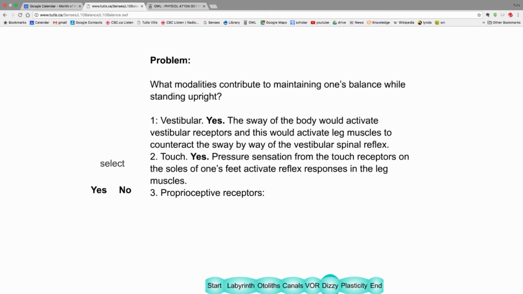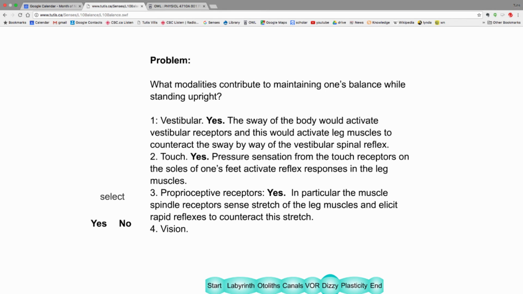Does proprioception help you maintain balance? Yes. Again, because as you lean forward, the muscles at the back of your leg, your quadriceps will be stretched, and you'll sense that stretch will elicit those reflexes that we talked about a week ago or so, and that will cause the muscle to contract, and you'll restore your balance.